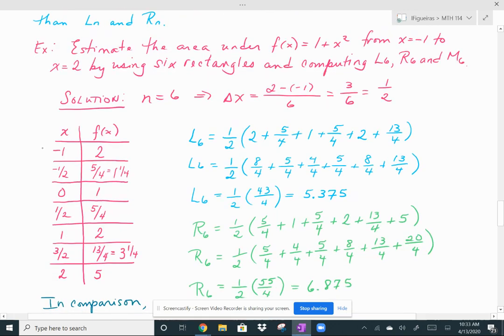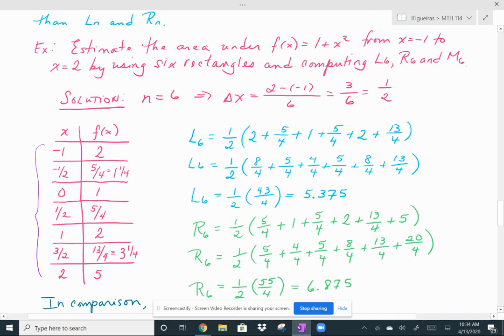We start with -1 and we end at 2, and in between you keep adding 1/2. So from -1 plus a half, that's where we get negative a half, then add a half, you get 0, add a half, you get a half, add a half, you get 1, add a half, you get 1.5 or 3/2.